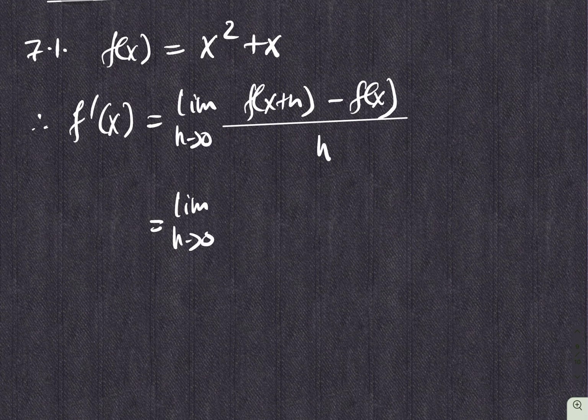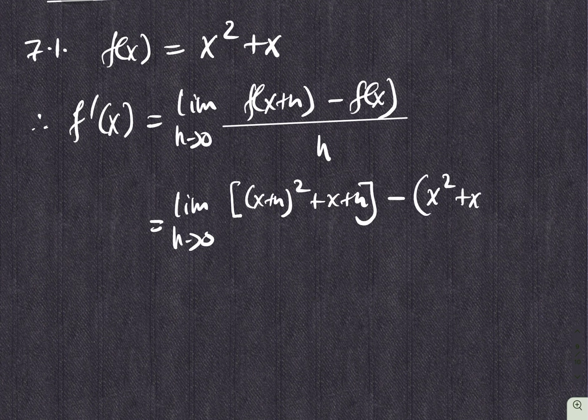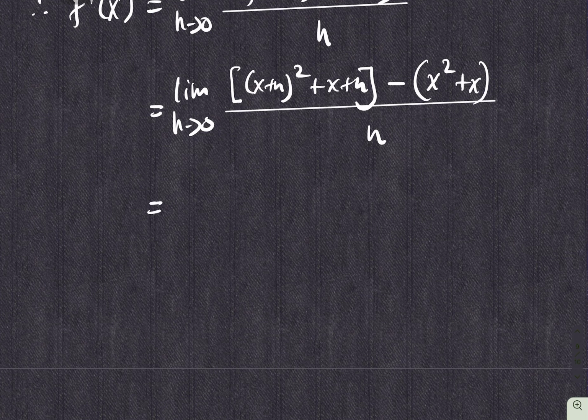So you have the limit as h tends to 0. You substitute x plus h in the position of x here. So you are definitely going to get x plus h. You square that, and then plus x plus h. You see minus the function itself, that is x squared plus x there. You divide this by your h. This will really give you the limit as h tends to 0.